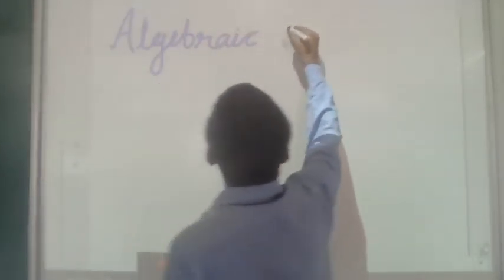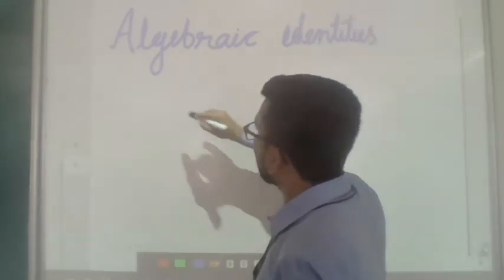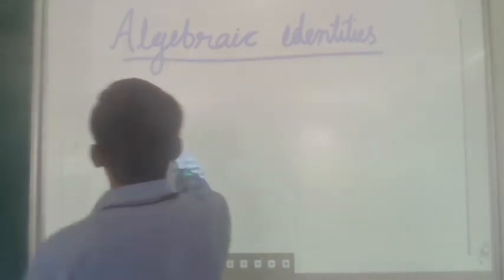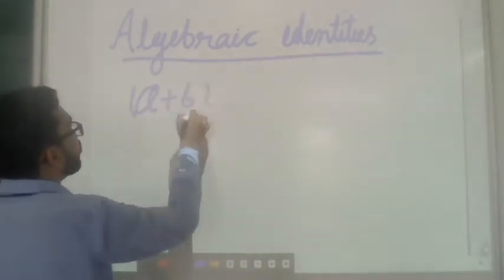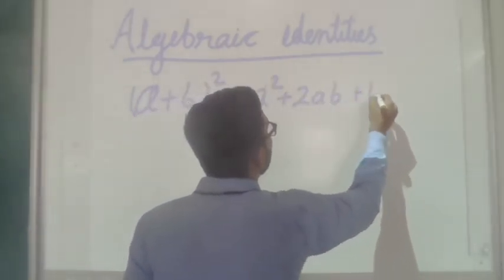You might also have observed some algebraic identities in previous classes. We have observed algebraic identities like a plus b whole square, that is equal to a square plus 2ab plus b square.